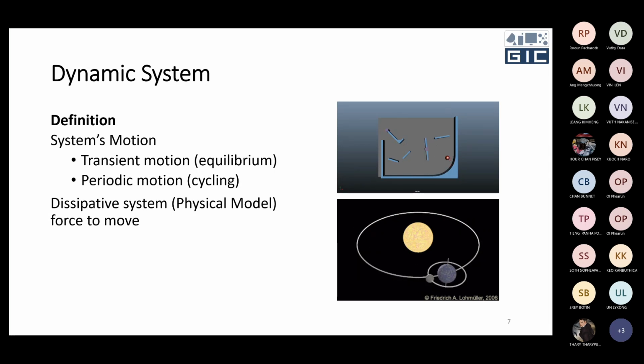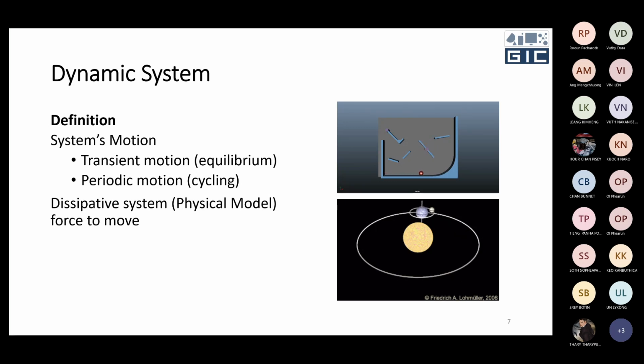So this is the way you try to define the motion of the system, and the motion can be divided into two kinds: transient or periodic. But when you focus on signals in data communications, you define signal transmission into two kinds: one is periodic and one is aperiodic.